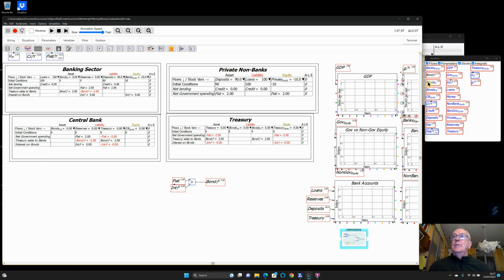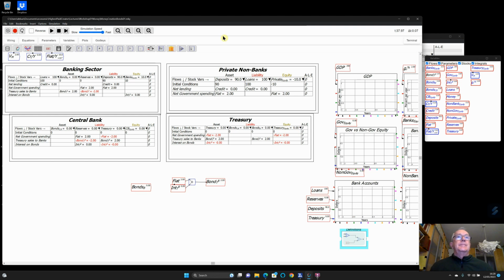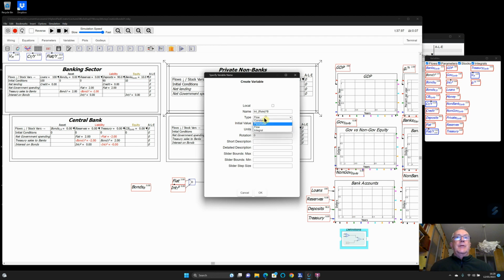So I want to bring a bond subscript B here, and I now want to have an interest rate on treasury bonds. I'll call it R for now. Actually, no, I'll call it int subscript rate superscript B for bonds. Make that a parameter.